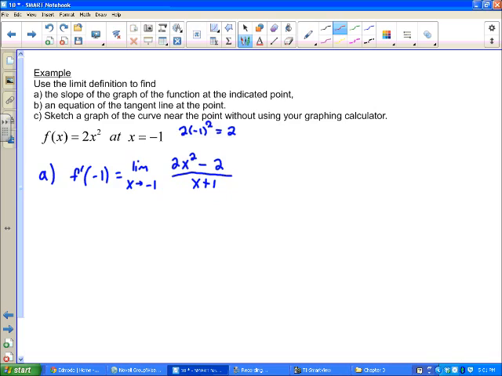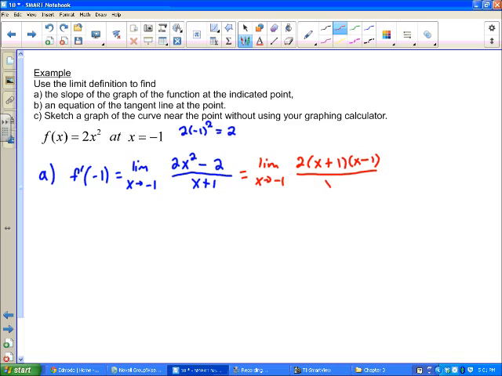So let's see what we can do to simplify this. Up on top, it looks like I can factor out a 2 and end up with x squared minus 1. Oh wait, x squared minus 1 can be factored. So let's factor x squared minus 1 into x plus 1, x minus 1. You can take 2 steps to do that if you want to.